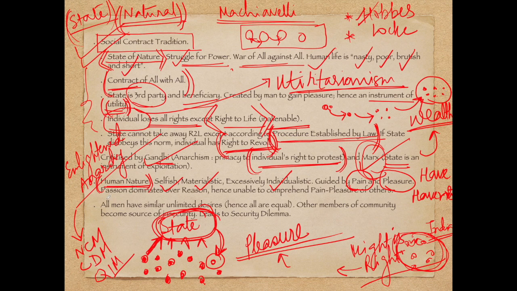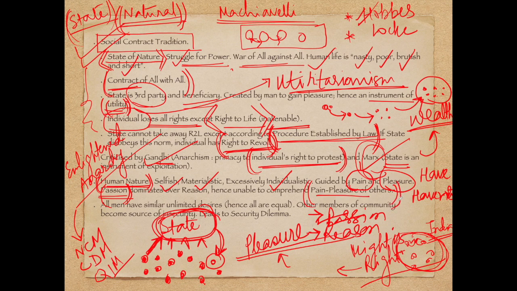Now, in human nature, it's passion that actually dominates, even though reason is also present. So you have passion and you have reason inside human nature, but in most cases it is passion that dominates. Because passion dominates, an individual human being is not able to appreciate or comprehend the pain pleasure principle when it is applied to others.